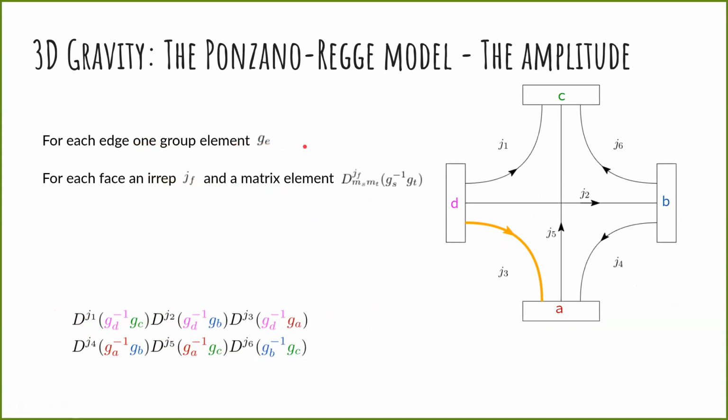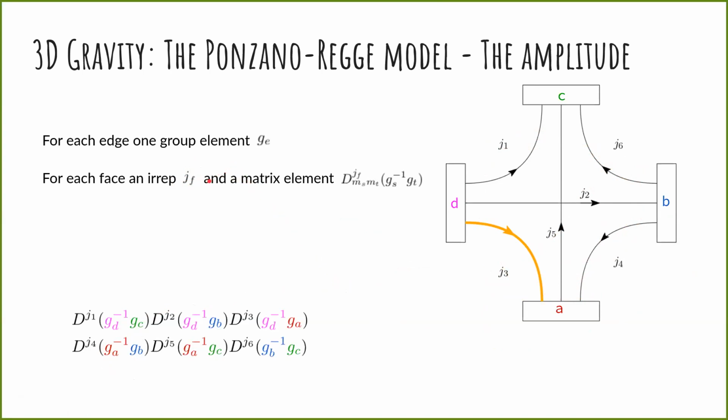So let's associate a group element to each edge, for example, A, B, C, D. I colored them also for easy correspondence between the formulas and the picture. Associate an irreducible representation, or a spin, to each face, j1 to j6 in this picture.